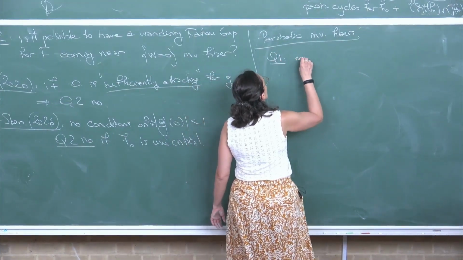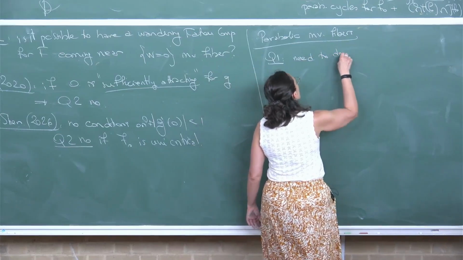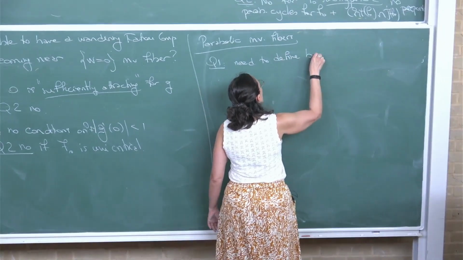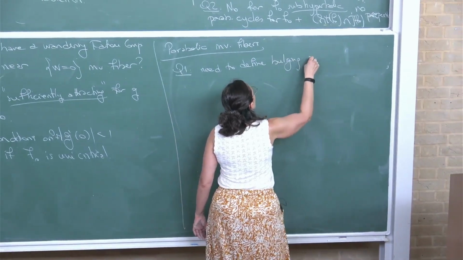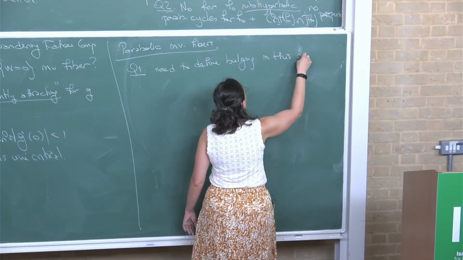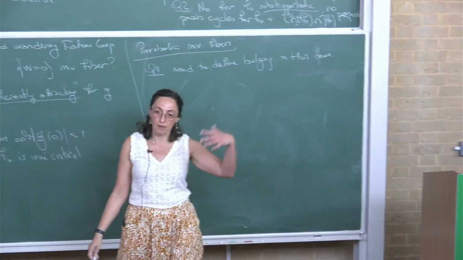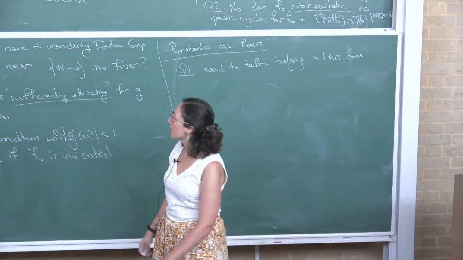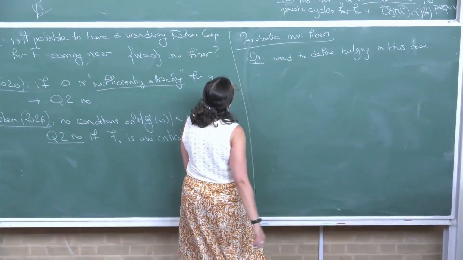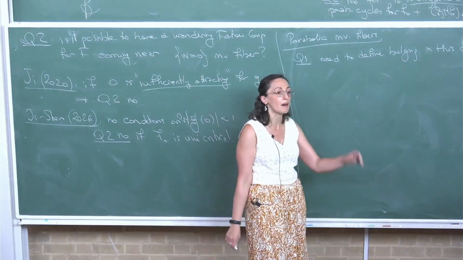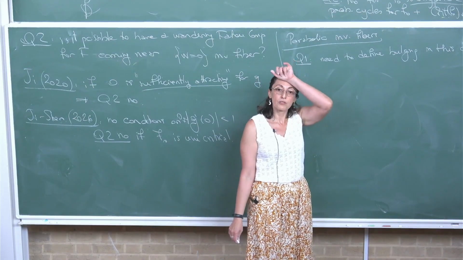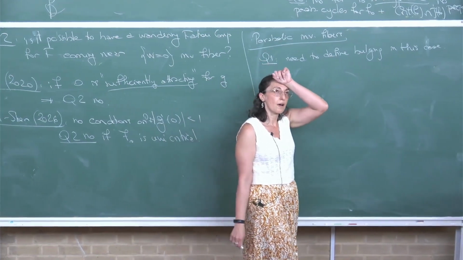So you need to define bulging in this case. And we've not done it yet, also because parabolic dynamics has a lot of problems that I will not enter into, but I think you might see some in week 3 in 2 talks.